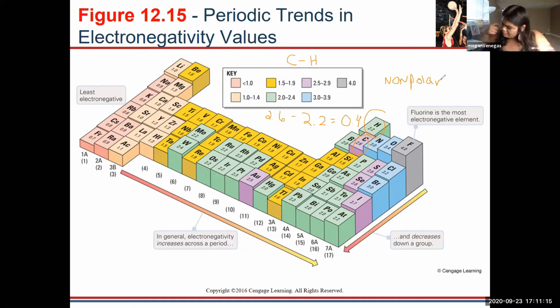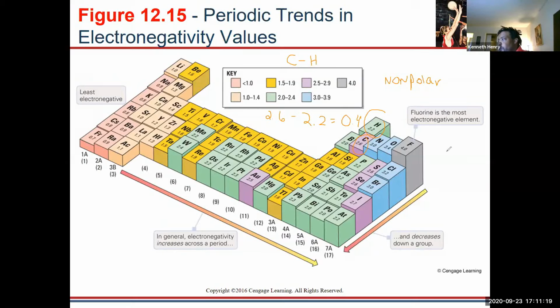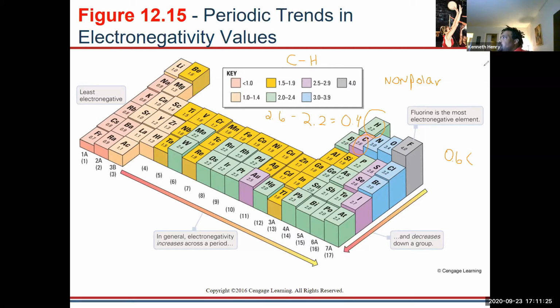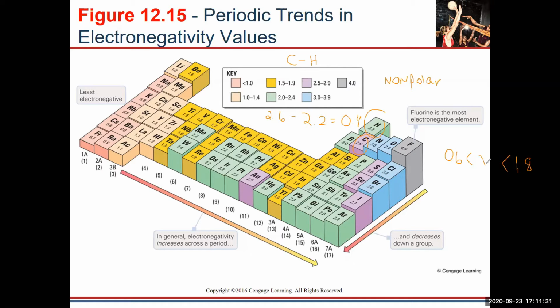A polar covalent bond is anything greater than 0.6 but less than 1.8. Yes, 1.8.